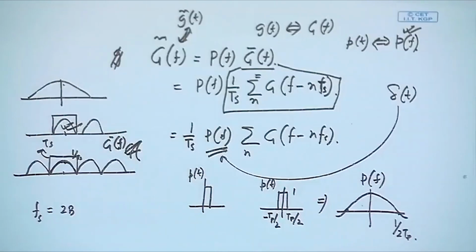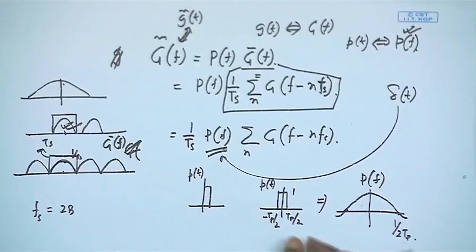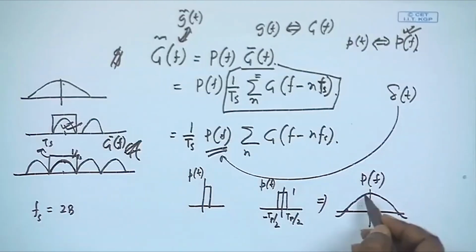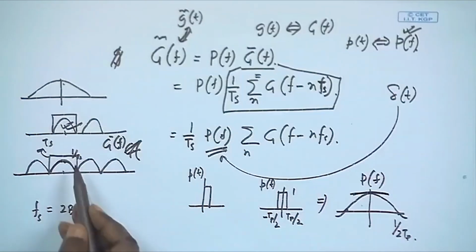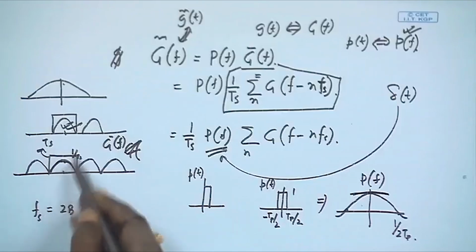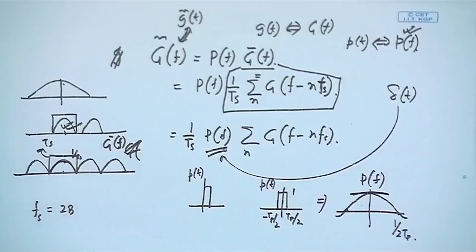But how can I restrict this distortion? If I make this Tp smaller and smaller, what will happen? This 1 by Tp will go further away, and the spectrum will become almost flat in the region of interest from minus b to plus b. There it will not get any distortion due to the presence of the spectrum of P(f).